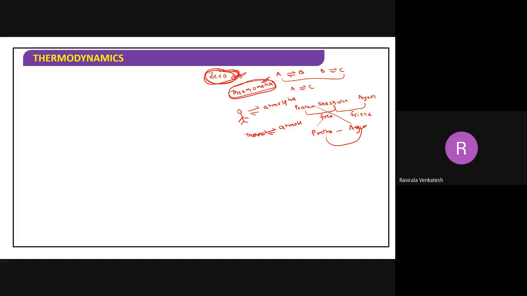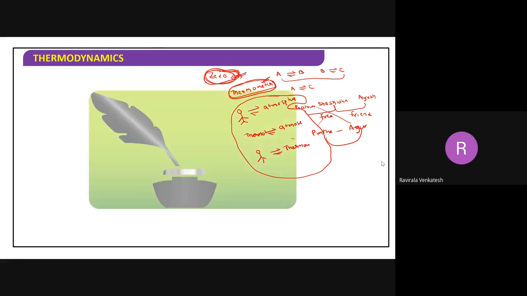In that case, the human being and thermometer will be in equilibrium. Based upon this concept, we can measure the temperature of the body. This is about the zeroth law. Zeroth law, first law, second law, third law. The zeroth law is not there in the syllabus. You can leave it there.